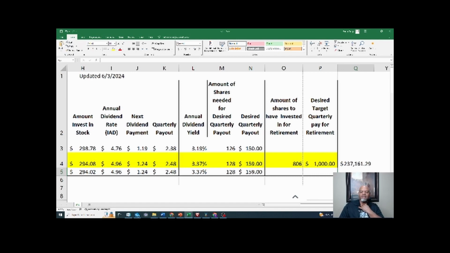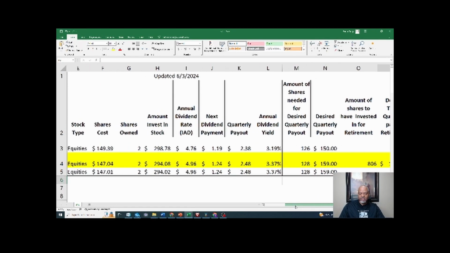So $237,000 you will have to invest if you're getting this today, 806 shares. This is how much you would have to invest out of your pocket in order to get 806 shares, in order for you to get a $1,000 payment every quarter. It's a lot of money. So let me tell you this.